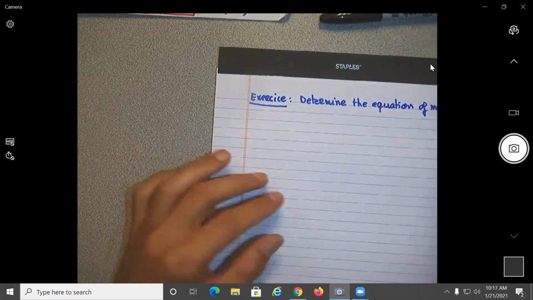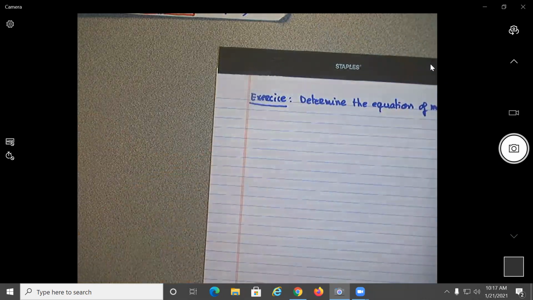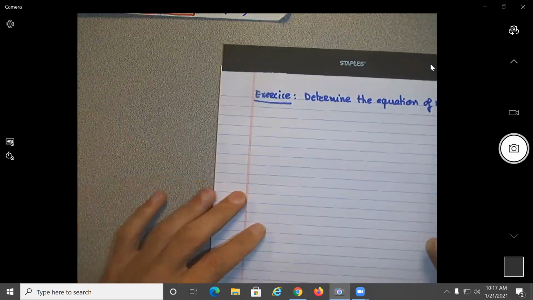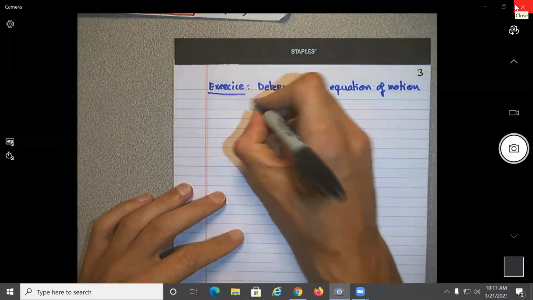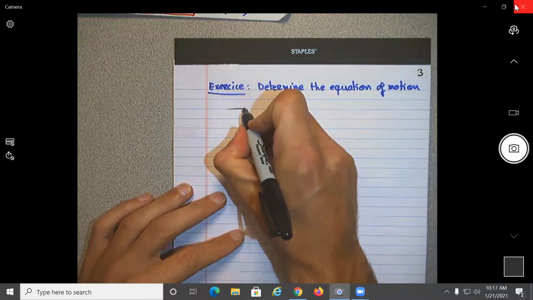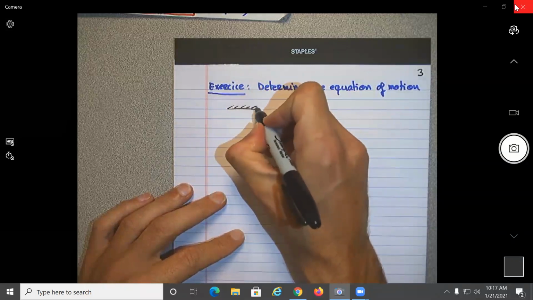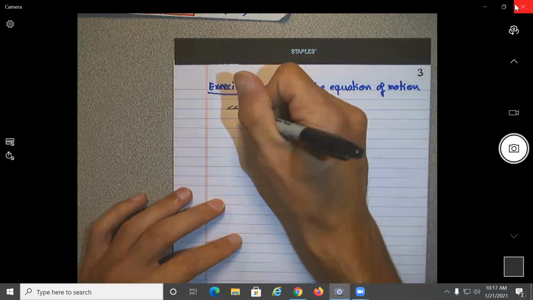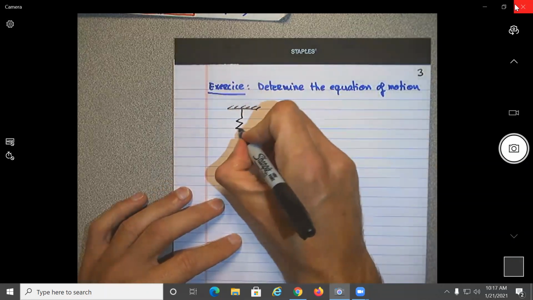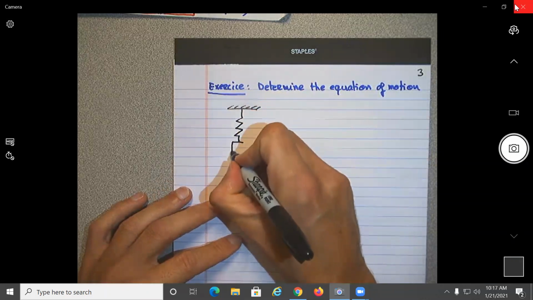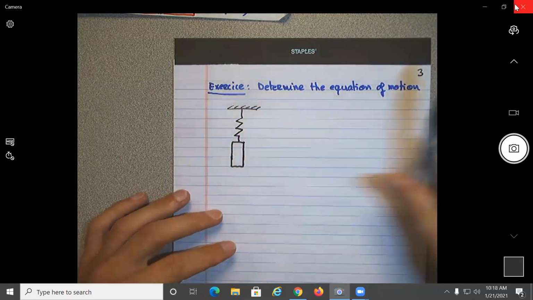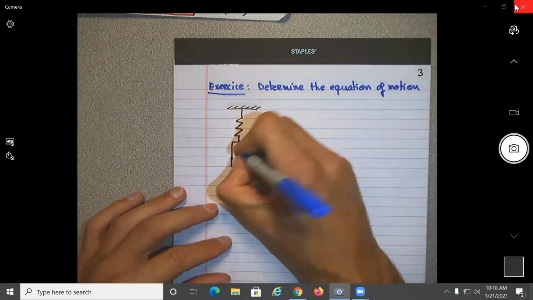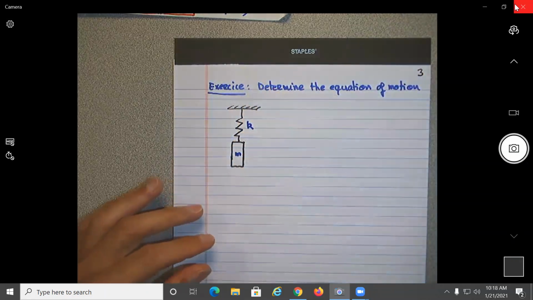Okay, so a very similar problem, but this one carries something specific to it, okay? But it's very similar to the one before. So this time, the only thing I'm doing is that I'm moving my one degree of freedom oscillator upside down. Okay, so this will be M. And again, this will be K.